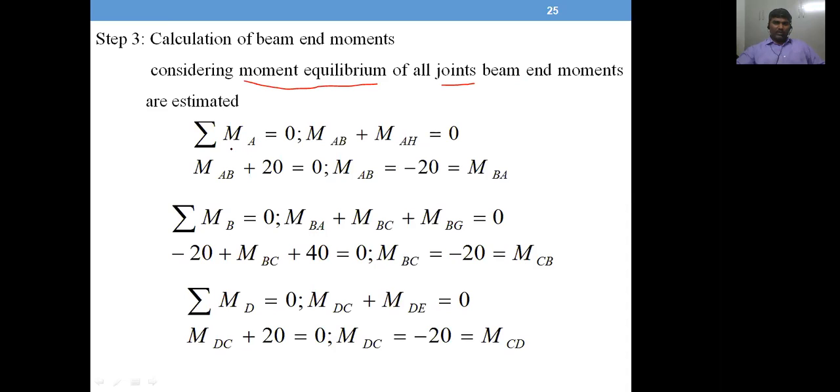So I have taken a joint A. I have applied the equation: sum of all moments at joint A is equal to 0.